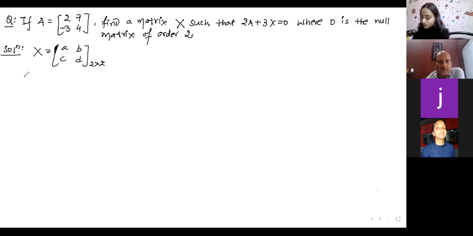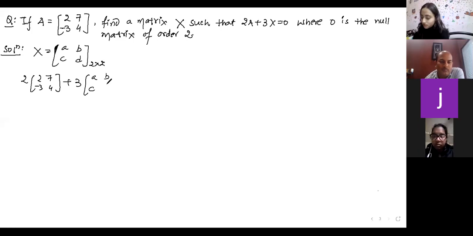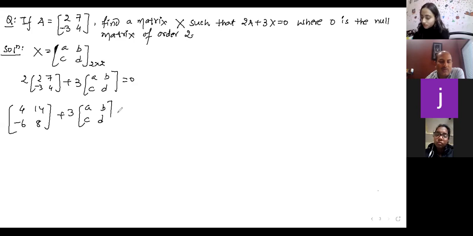Now 2A, that is 2 times 2 7 minus 3 4, plus 3X is equal to 0. This is 2 2s are 4, 7 2s are 14, minus 6, 4 2s are 8. Plus 3 times A, B, C, D equal to 0.